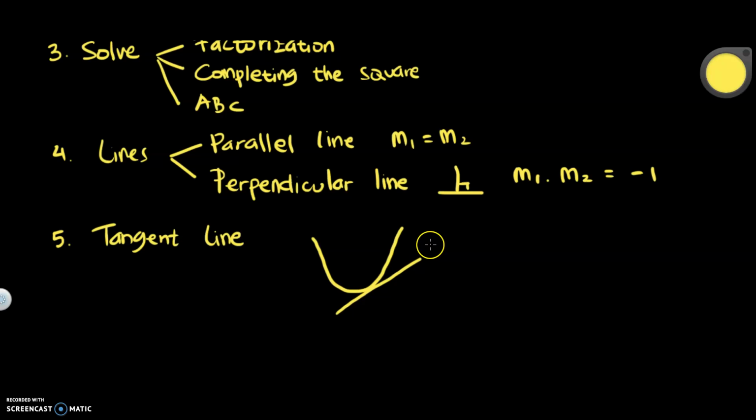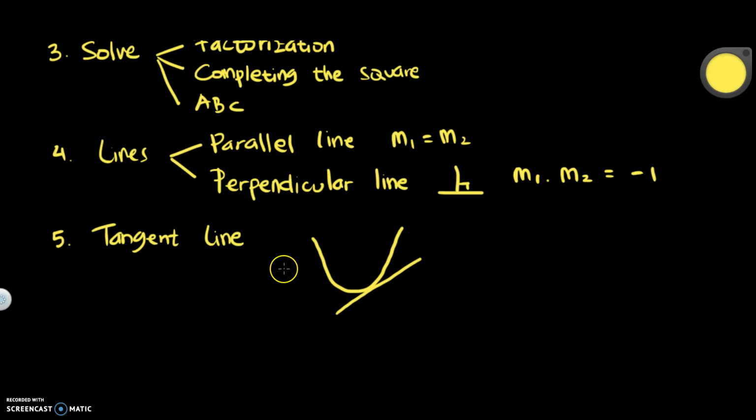So this is a tangent line. If you can see, this line is not crossing the curve, it's just touching the curve at one coordinate point. So that is a tangent line, a line that is touching the curve at one particular coordinate point.